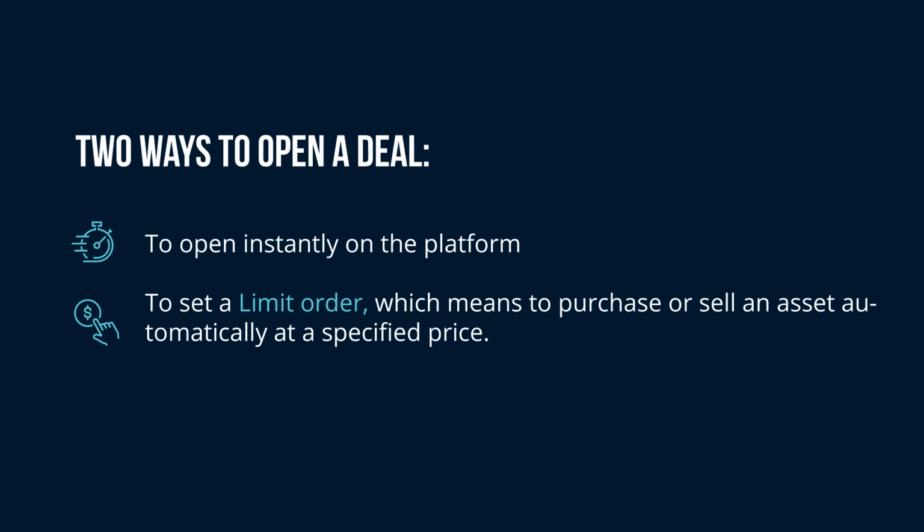That's one of the ways, and the other one is called a limit order. There is a specific button on the platform for that. It means to purchase or sell an asset automatically at the specified price. So imagine you have the prognosis that as soon as the Euro USD will cost 1.12, let's say, then the price will start growing.